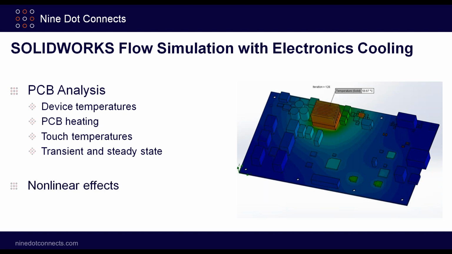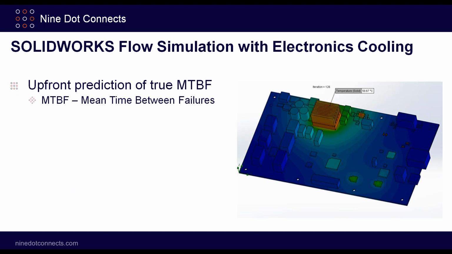Another thing, and this is where it gets difficult and overwhelming, is nonlinear effects of thermal contribution. It's very difficult to solve with a simple equation. Also, feeding the thermal data into your reliability calculation helps you predict a better MTBF. So you would take the results of this and feed them to that tool.